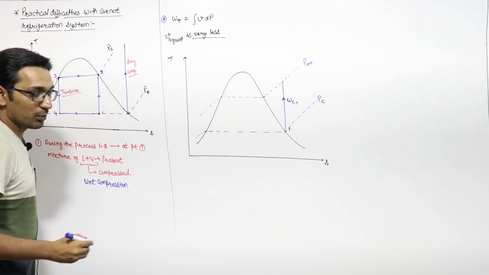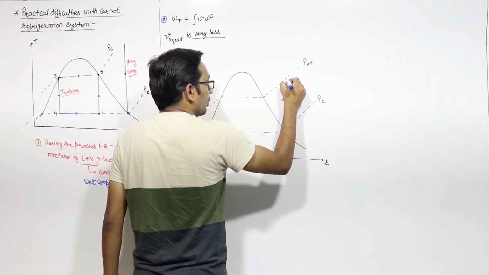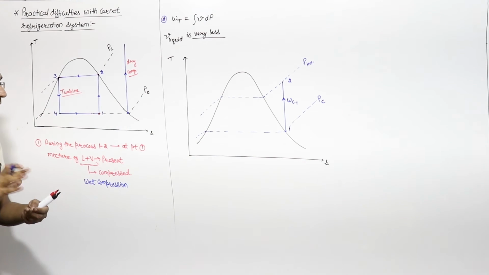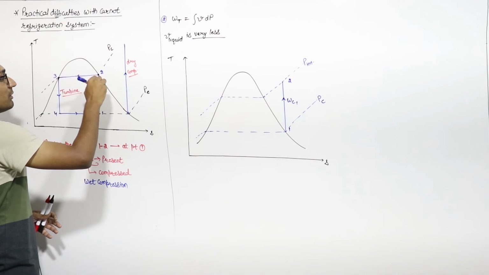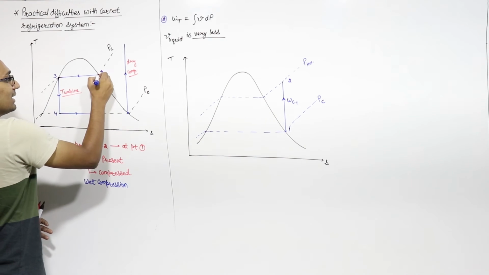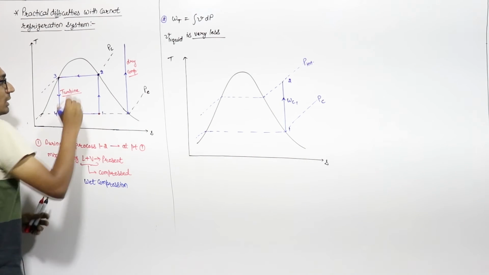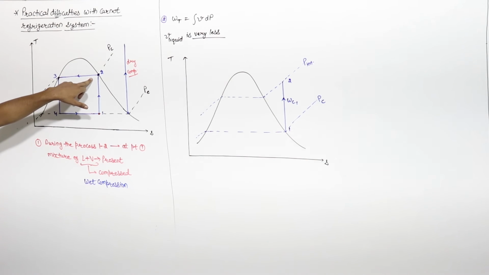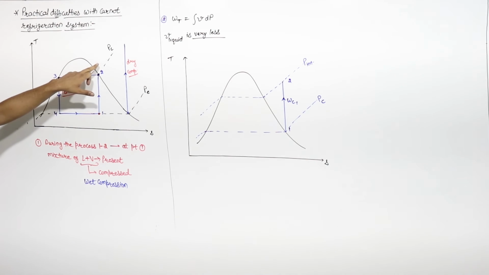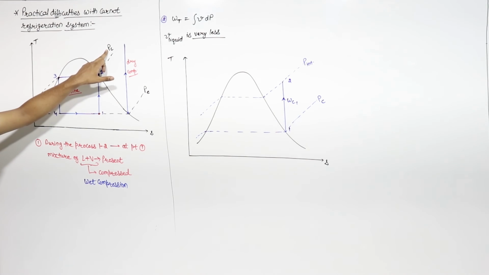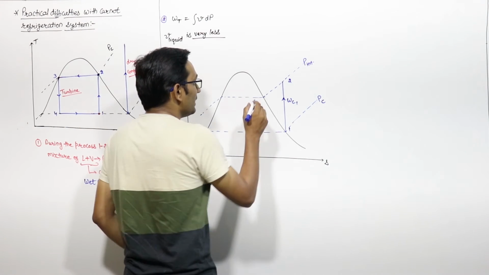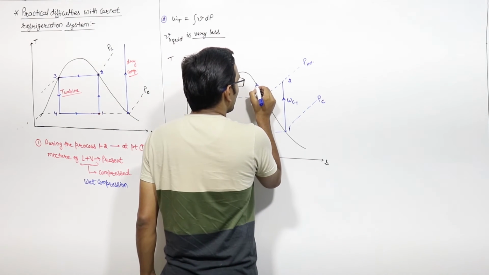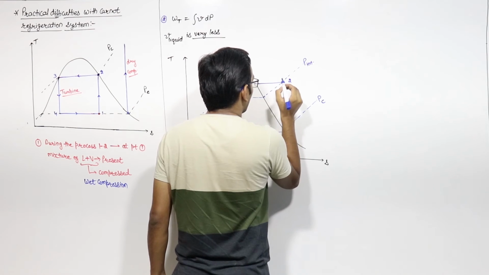From this point 2, because you need at the inlet of the condenser the condition at point 2, the condition is saturated vapor corresponding to this pressure PC. So to come to this PC, you need this type of compressor.